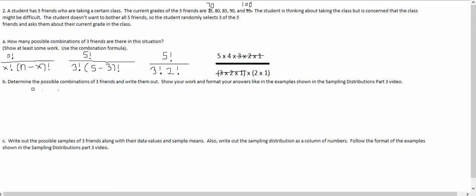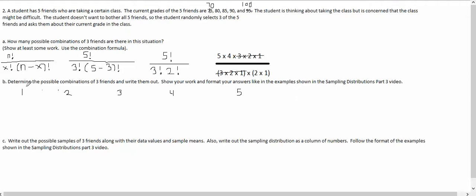Now we need to actually determine what the combinations are of 3 friends, what the possible combinations are. So what we do now is we write these numbers out: 1, 2, 3, 4, and 5. There's a step-by-step process we can follow to find out what the combinations are. So I numbered these 1 through 5 because these represent the 5 people in the population, the 5 friends.